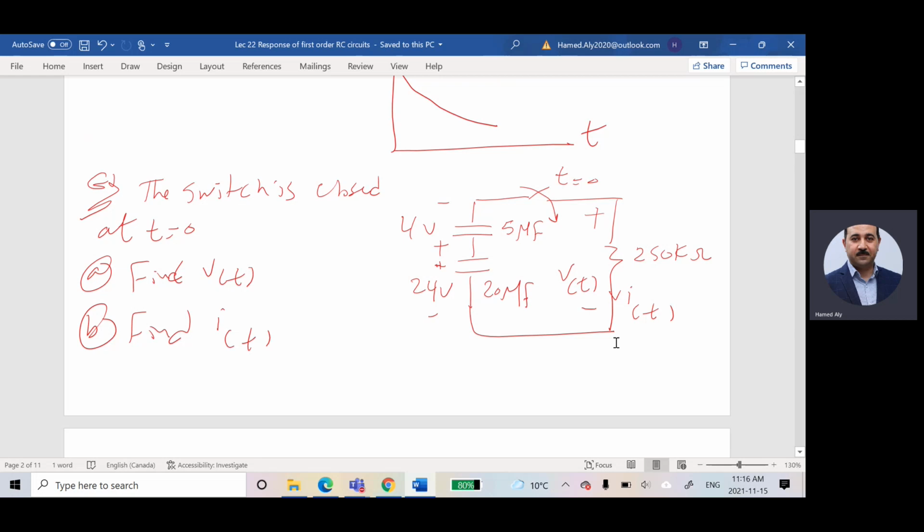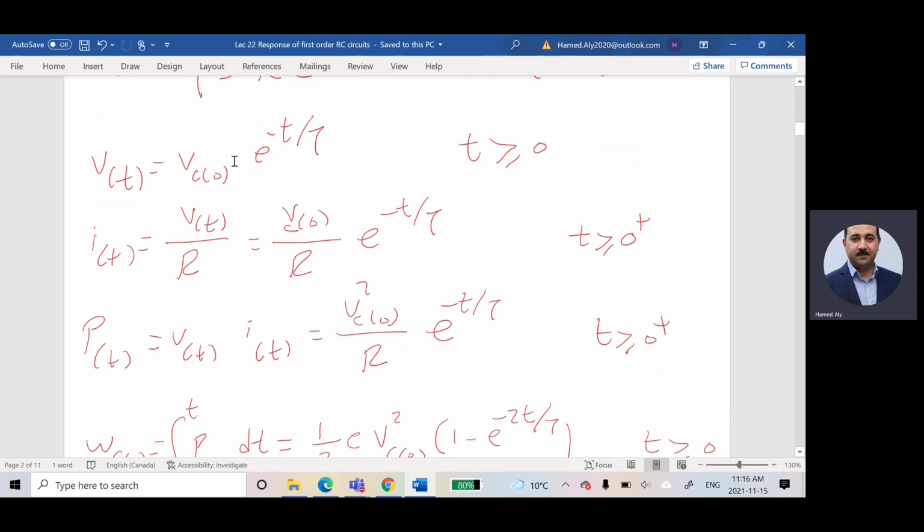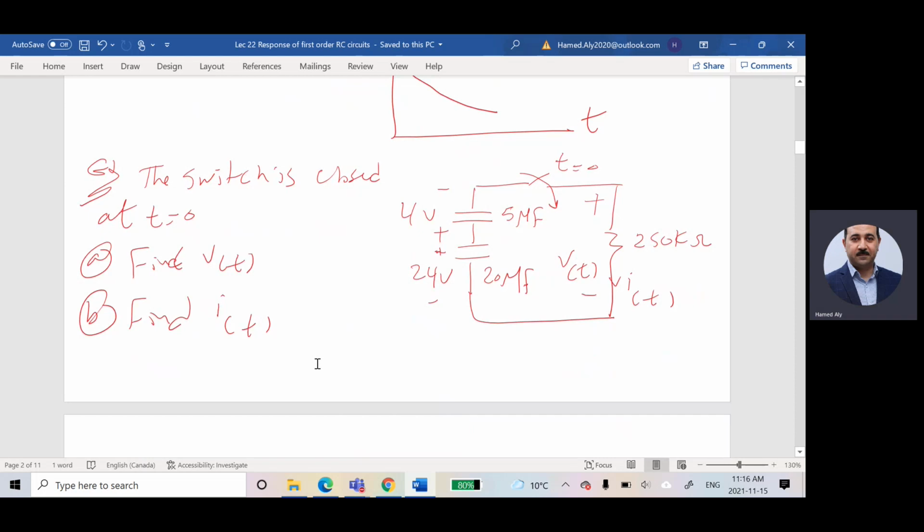The question that I have to ask myself right now: am I able to use this equation for V of t in this circuit? The answer is no. You have first to modify the circuit to be able to use the V of t equation.